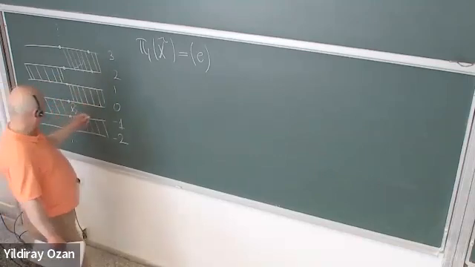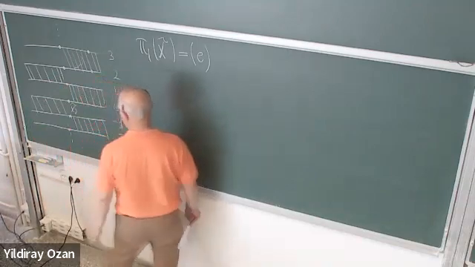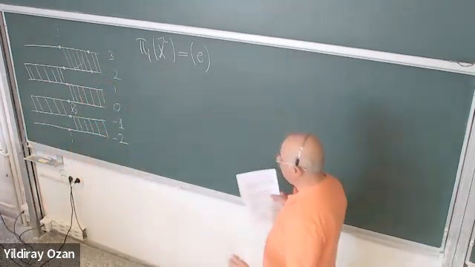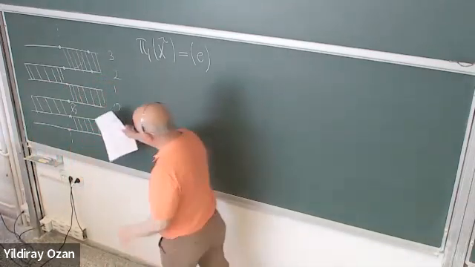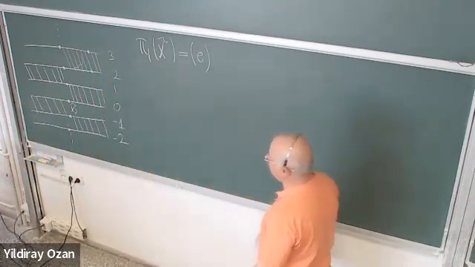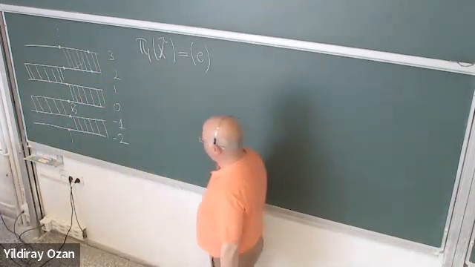And this real line is of course contractible. So you can homotope the loop to a constant path.